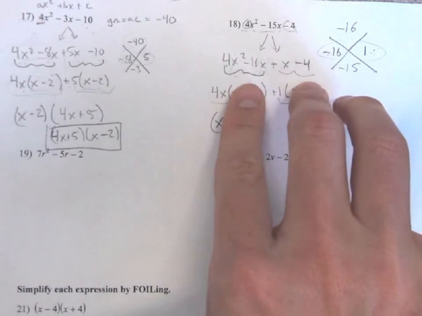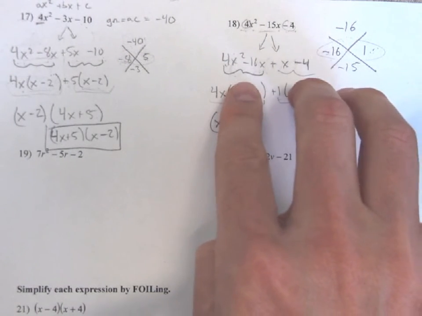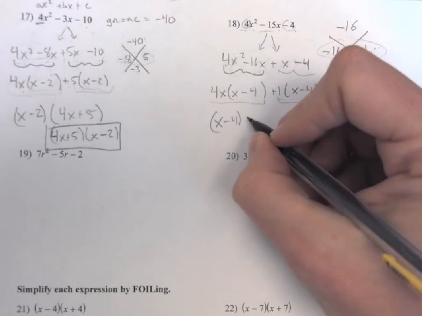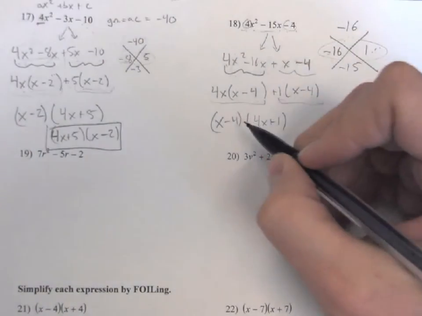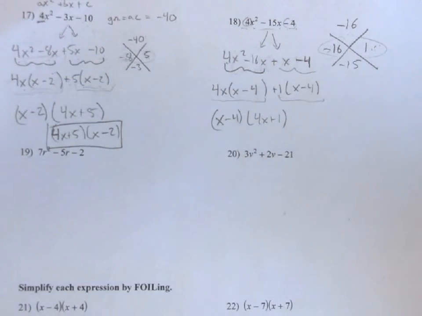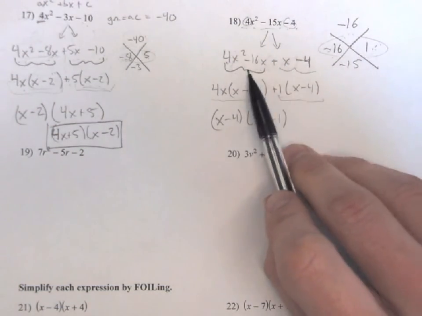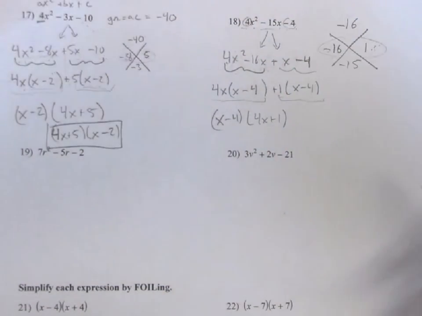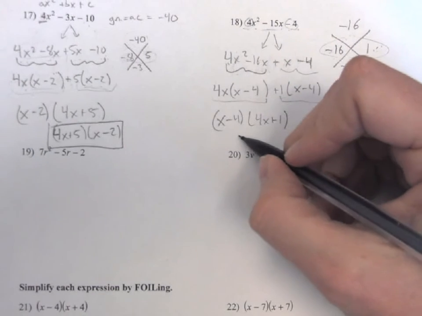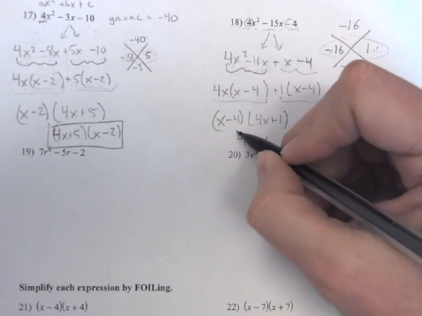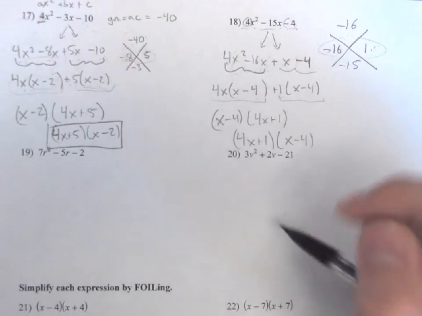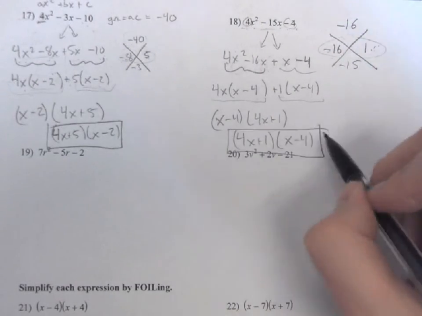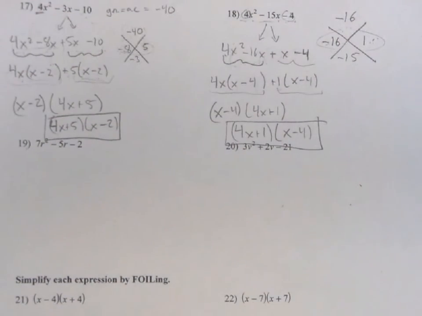And when I pull that x minus 4 out, I'm going to have 4x plus 1 left over. Okay, now again, I can switch the order if I wanted to, and if I had these in the opposite order, it would come out the other way. So if you wanted to, you could switch the order of these. Either one of these would be correct. Okay, and there you go.